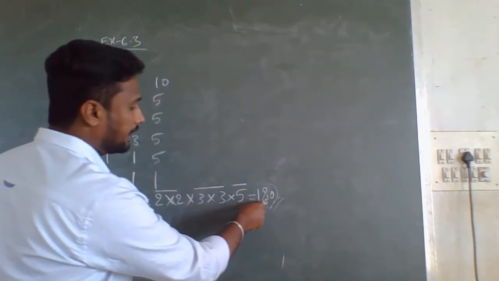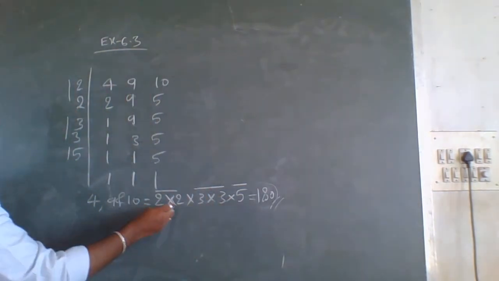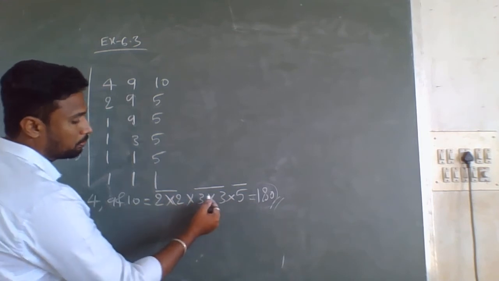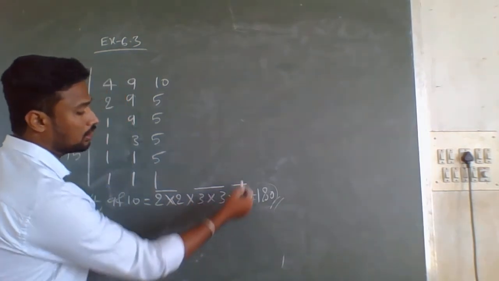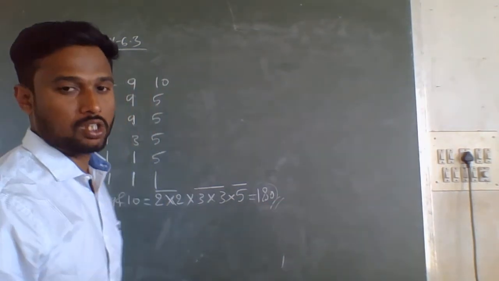But here this 180 is not a square number. Why? Because here there is a pair of 2's, a pair of 3's, but there is only one 5. So this 180 is not a perfect square number.